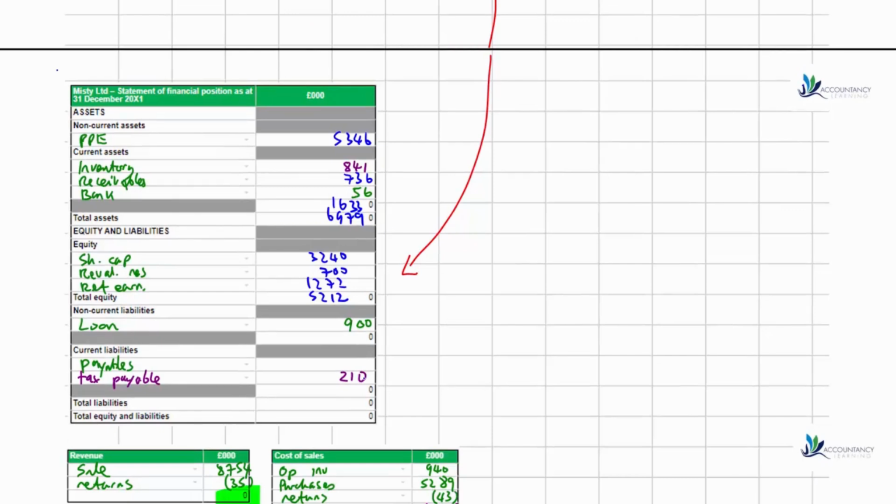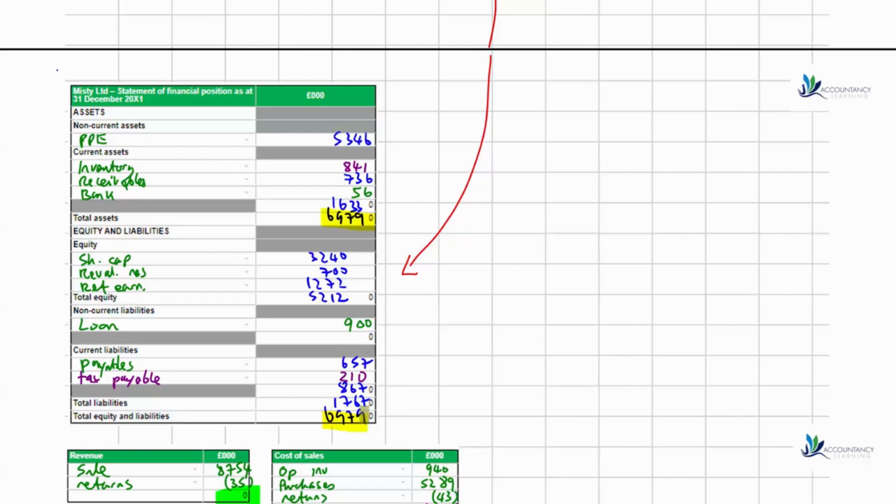And then from our payables, we can get that from our working. So our total payables amount to 657, giving total current liabilities of 867. And then when we add on our loan, that becomes 1,767. And total equity and liabilities gives us 6979. And yes, it balances, thankfully.